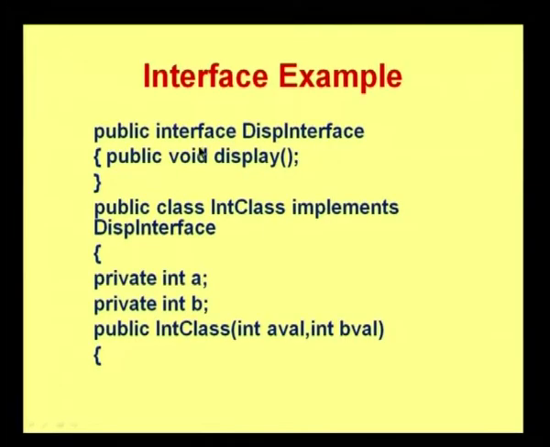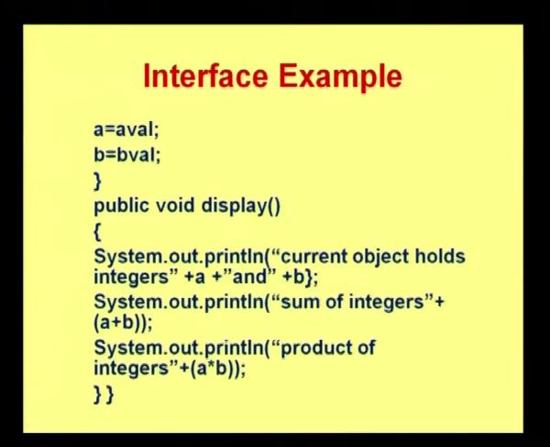The public interface display interface has a public void display. Here we have one method in this interface and we have a class. This class implements the interface. Here we have 2 variables, and this int class constructor, what is this? This is nothing but our constructor. So, here I have a constructor and the display method.